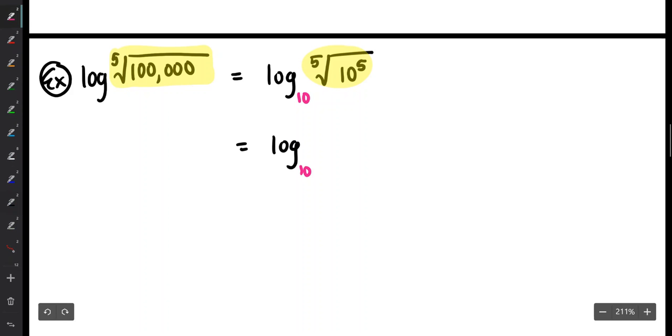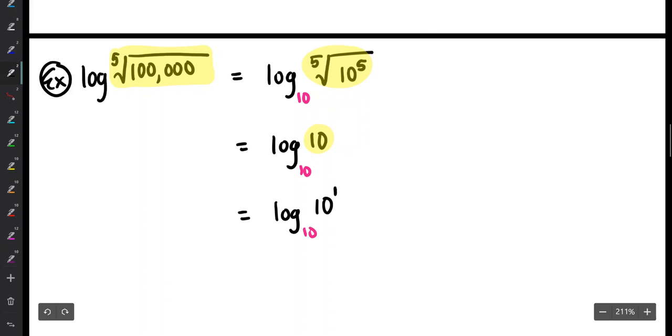So it's log base 10 of 10, which is 1. Log base 10 takes in a perfect power of 10, and it spits out the exponent. The exponent here is 1. Okay, so beautiful, done.